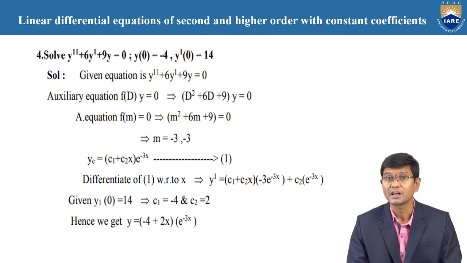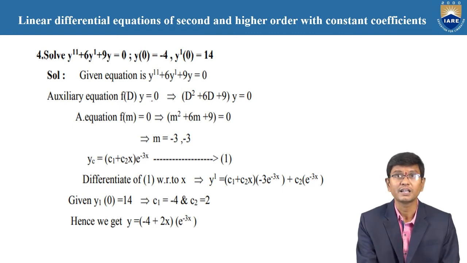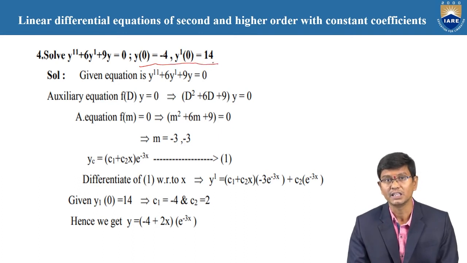Here the values are y of 0 is equal to minus 4, y dash of 0 is equal to 14. That means the given values, y of 0 is equal to minus 4 and y dash of 0 is equal to 14, are called the initial conditions.